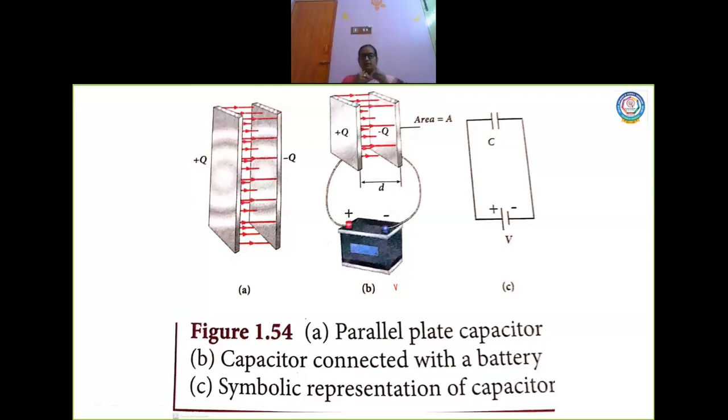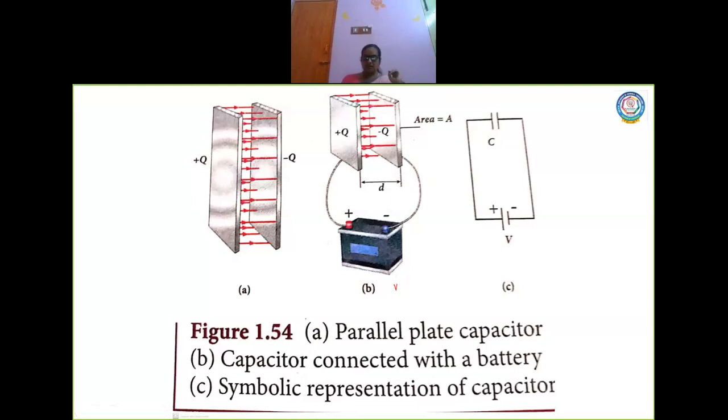Due to this transfer, one plate becomes completely positively charged, plus Q, and the other becomes completely negatively charged, minus Q, with a small distance of separation d.